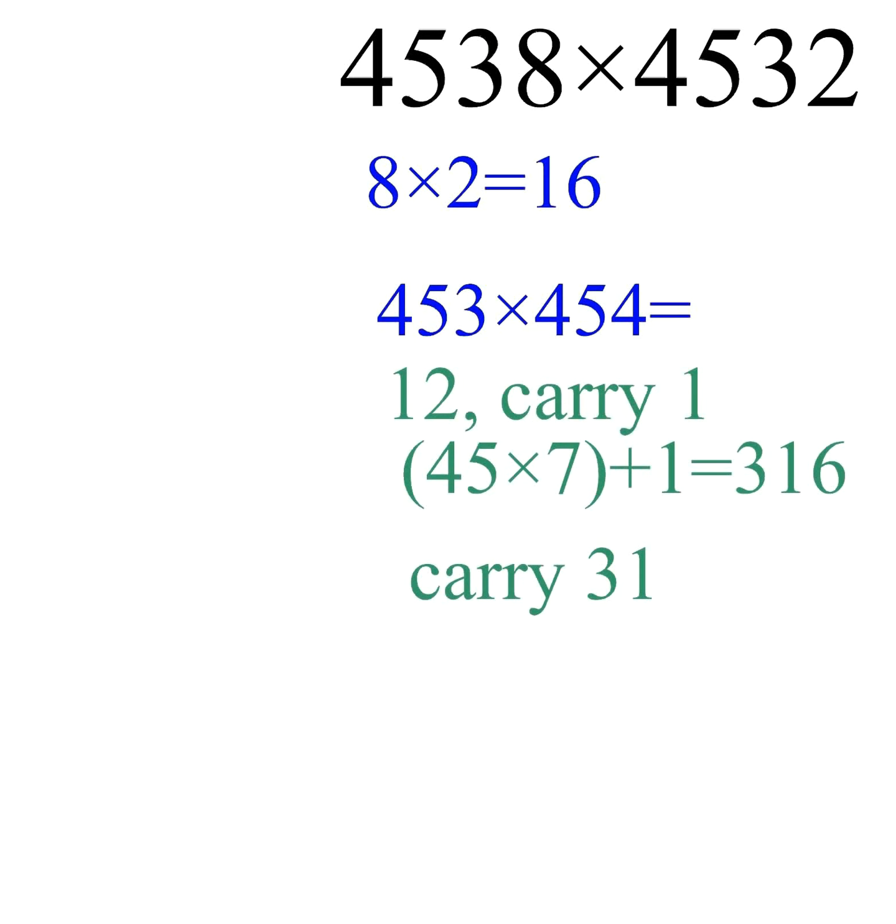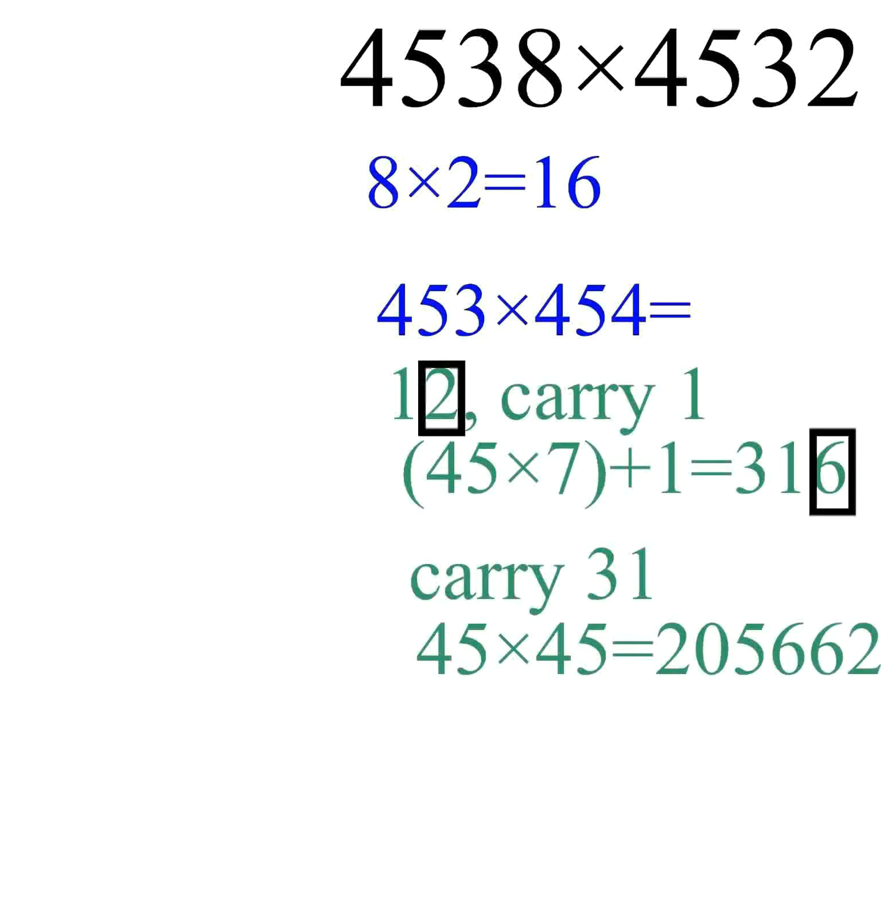And first we write down 25, then we multiply 4 into its next integer 5, so that would be 20, and we add 31 to it, so that would be 51, and we add 6 and 2, we write down 6 and 2 above in front of it, and this would be 453 times 454.